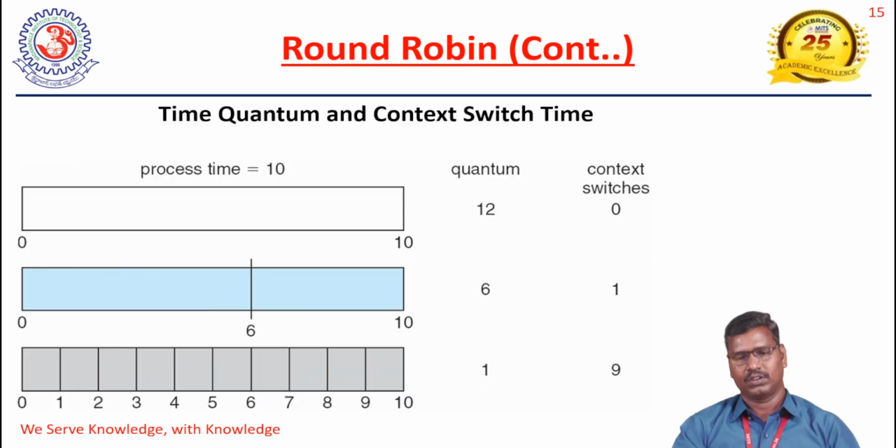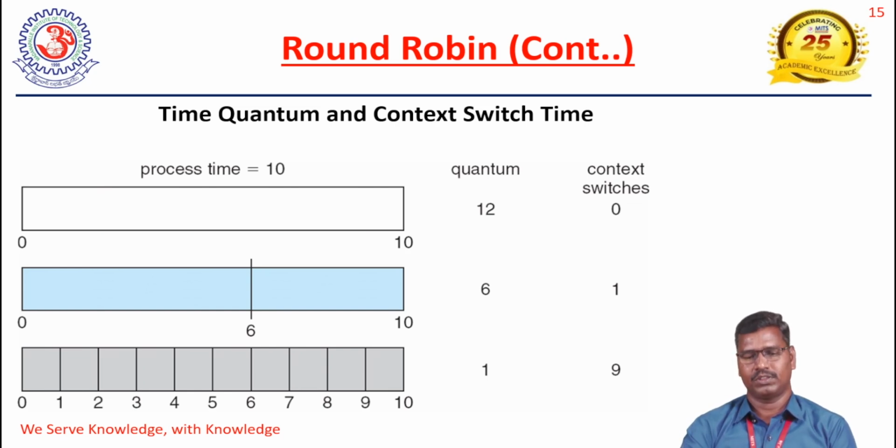Okay, this is the time quantum and context switch time. Process time equal to 10 milliseconds only. Each and every process has a maximum time of 10 only. Here we mention that the time quantum for the first case is 12 only. So there is no context switch in the first case.